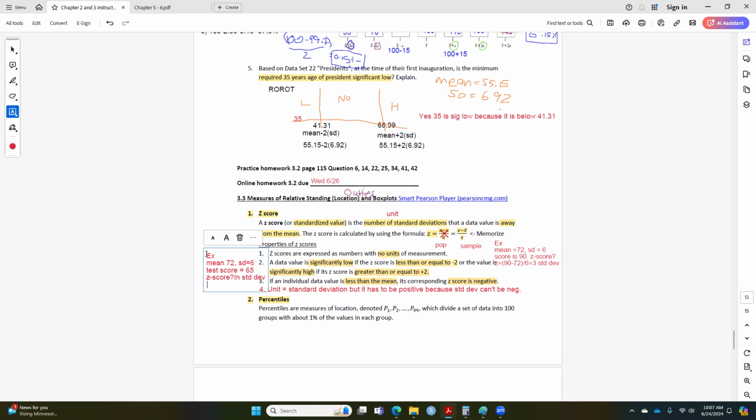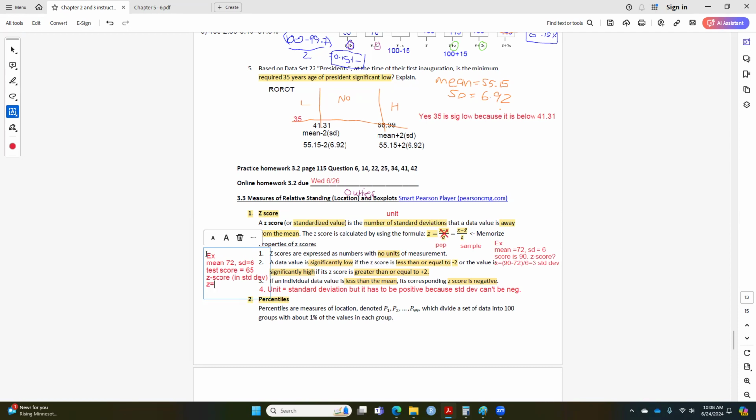This is very tricky, because last time we just asked you for the z-score, so we did not need to worry about negative or positive, because a z-score can be negative or positive. However, for this question, they ask you for the z-score in standard deviation.